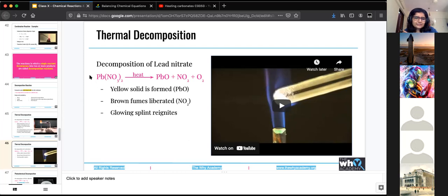And as always, is this equation balanced? No, ma'am. Okay, balance it and send it. Puneet has already sent it. I'm verifying it. And yeah, you're right, Puneet. Balanced, correct.